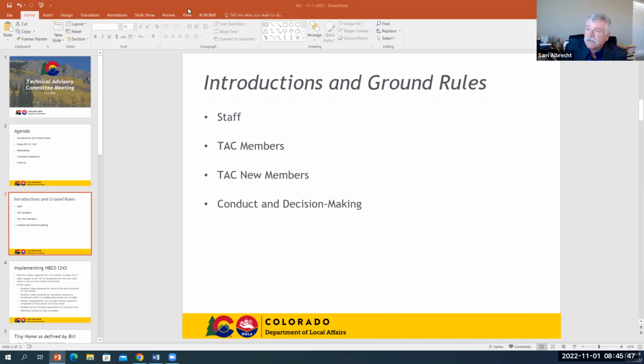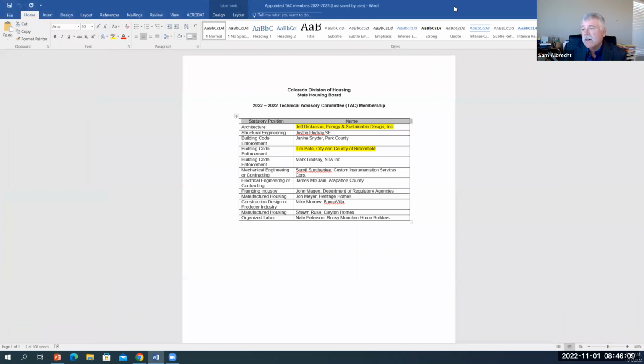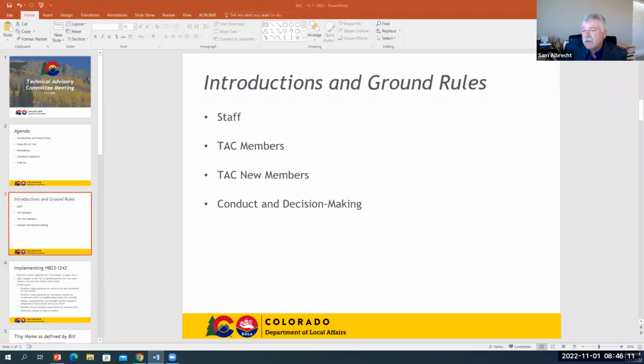Most recently, I was the county manager over in Elbert County, and because of some staff changes, ran the planning shop for a while and the building department for a while, and emergency management and health and human services and a lot of other departments. They had a pretty big turnover when I came on board. So that's my background, and I am looking forward to working with you all in the future.